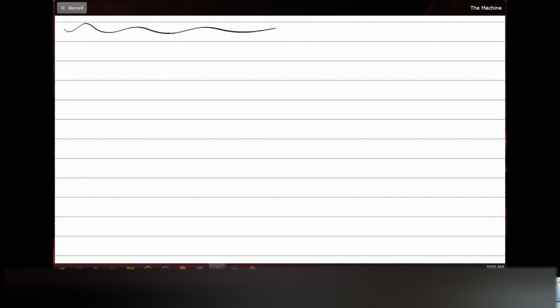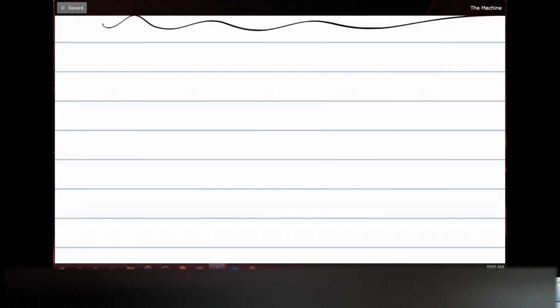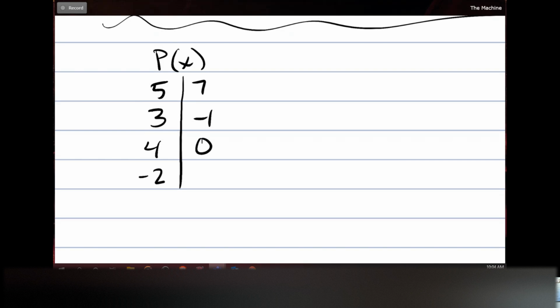Okay. What if you don't know? What if you just have a table of values? Let's do something like P of X, and don't write this one down yet, just watch. 5 and 7 and 3 and -1, 4, 0, and -2, 9. And then Q of X, I'll make a different function.